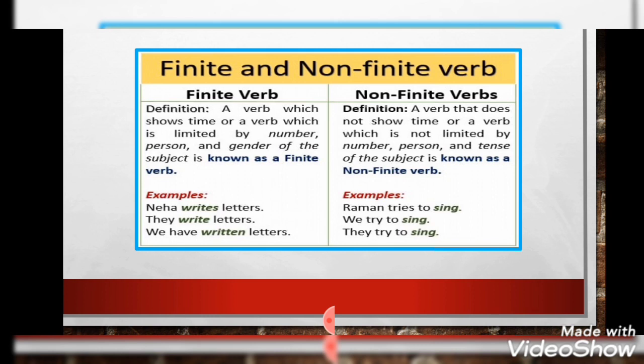See here, to sing, this is constant. With the subject, with the number, with the person, it has not changed. Only it has taken the help of the word to, which is also known as infinitive. And that is what we are going to discuss in this video: the infinitive, the gerund and the participle, means the non-finite verb and its form.